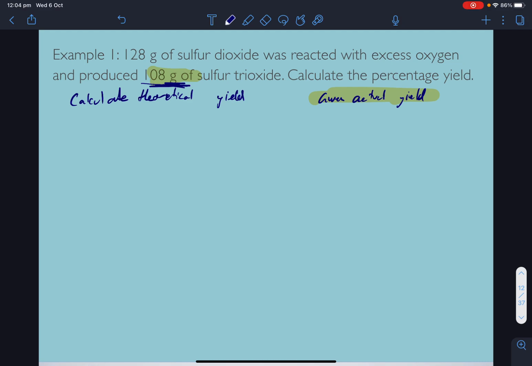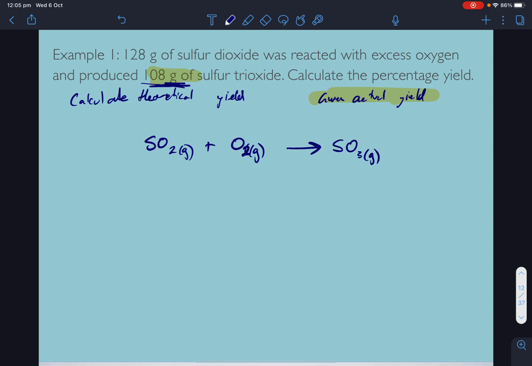We've got our 128 grams of sulfur dioxide and other information, excess oxygen. Let's start with a balanced chemical equation too, because that would help out. So we've got sulfur dioxide, which is a gas, and we've got oxygen, O2 gas, and we're going to sulfur trioxide from the question.